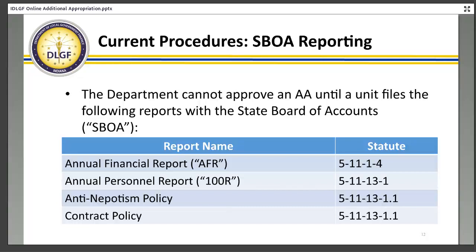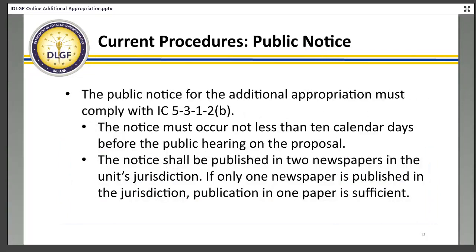If your predecessor has already filed those reports, then there would be no need to refile them. The requirement has already been satisfied. If those reports haven't been filed, it'll just take a couple of clicks in order to get that information submitted so that any additional appropriations you submit would be available for consideration by the department.